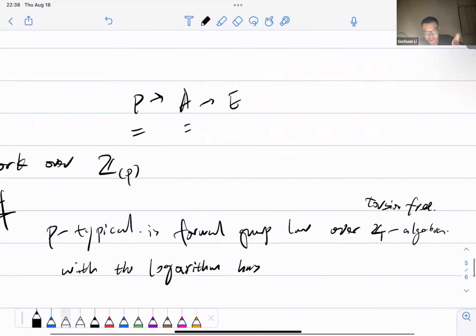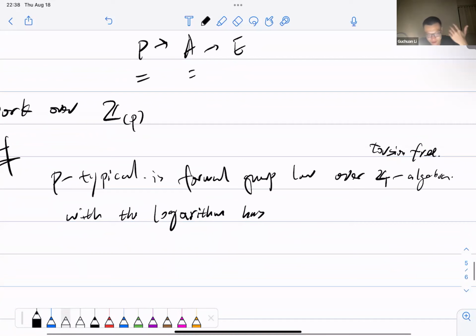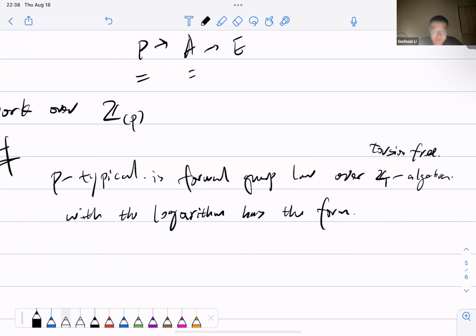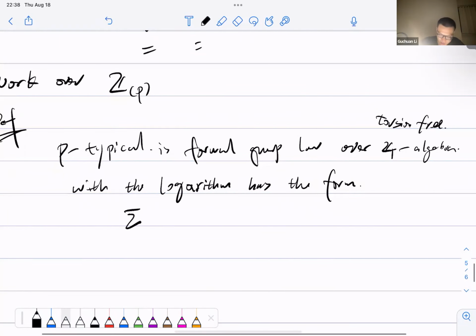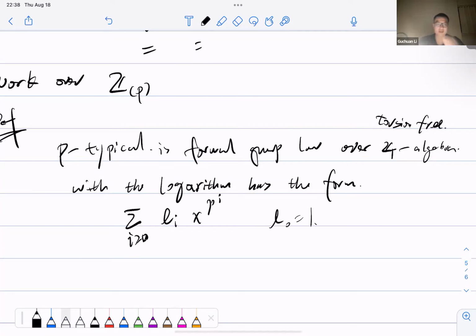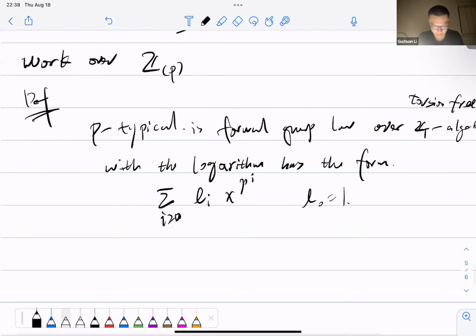We already saw one example of a map from the additive one to the additive one over F2. It's a formal power series, but now only p to the power i appears, not all of them. The leading coefficient should be 1, so it's always x plus something. Okay, so this is the definition of a p-typical formal group law.